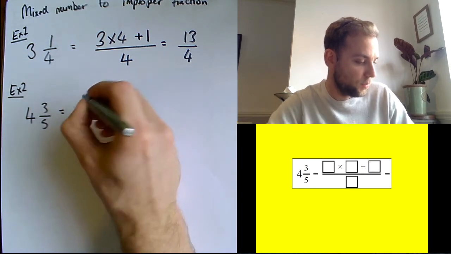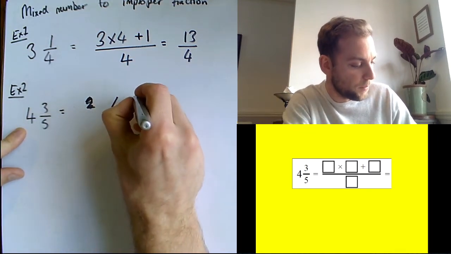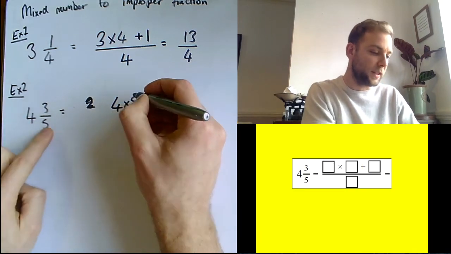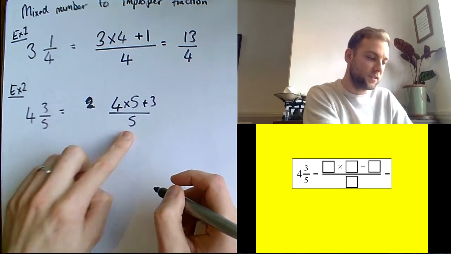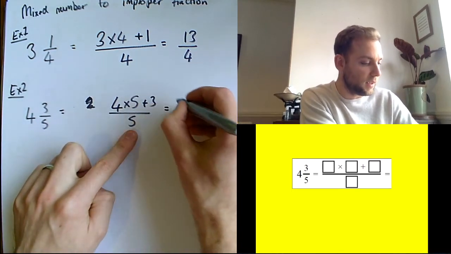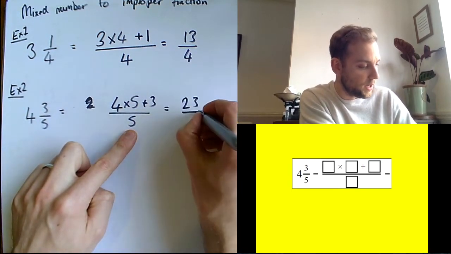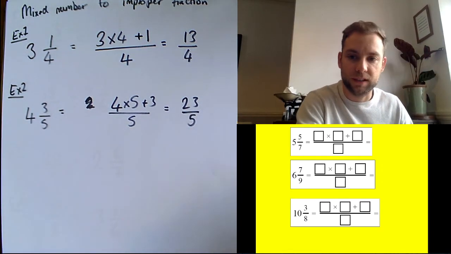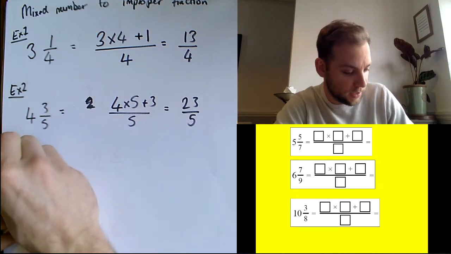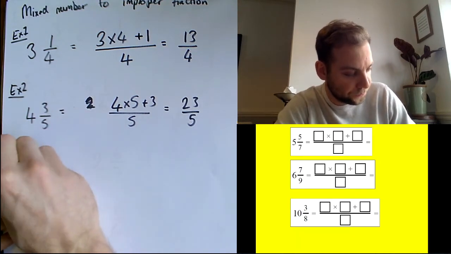In fact, let's just make sure we show it. 4 times 5, so 4 wholes split into 5 parts, plus the 3, all divided by 5, split up into 5 parts. So 20 plus the 3 over 5, 23 over 5. Brilliant. Let's have a go at another example. I've got 3 examples here, and then I'm going to let you have a go at some yourself.